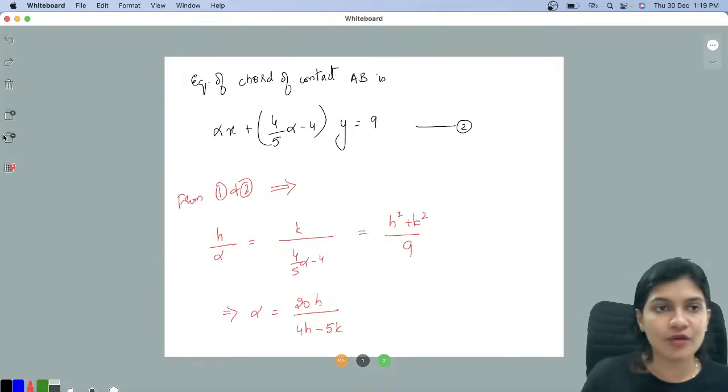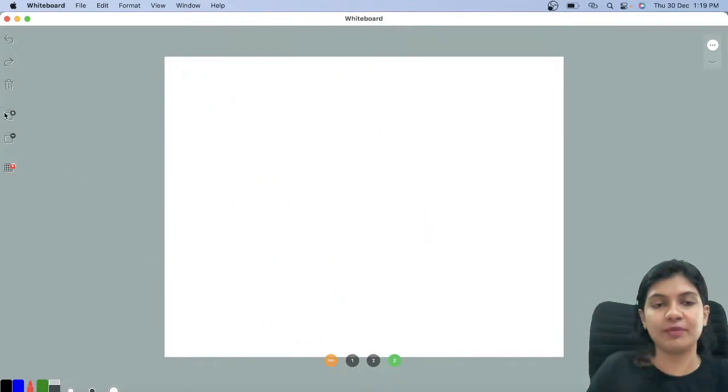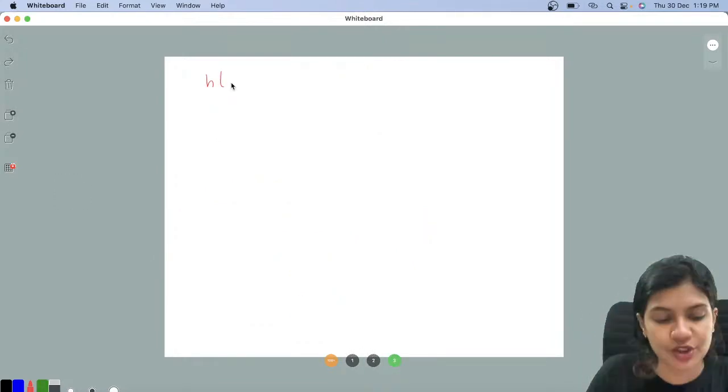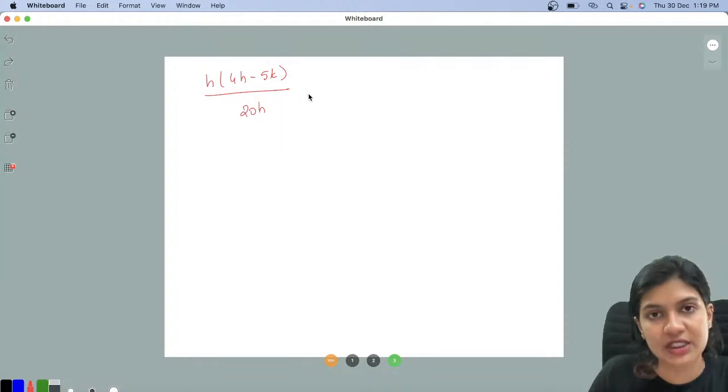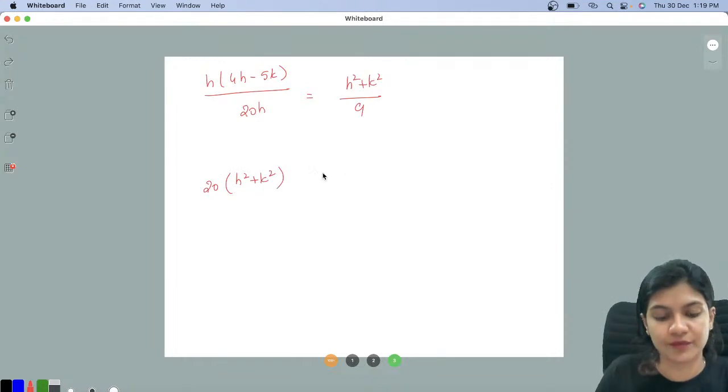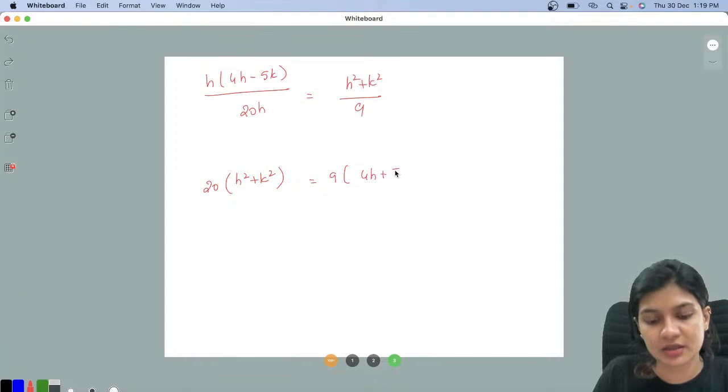Now, if I solve further, I get h into 4h minus 5k upon 20h equal to h square plus k square upon 9. Then 20 times h square plus k square is equal to 9 times 4h minus 5k.